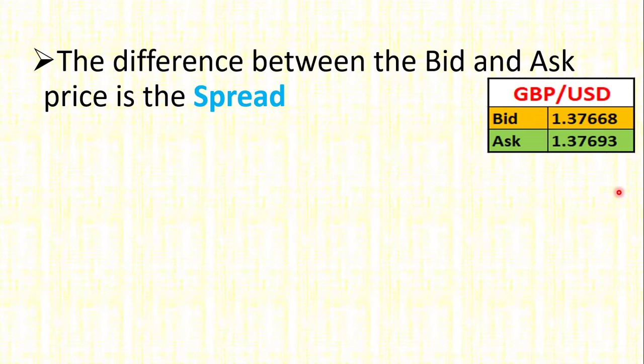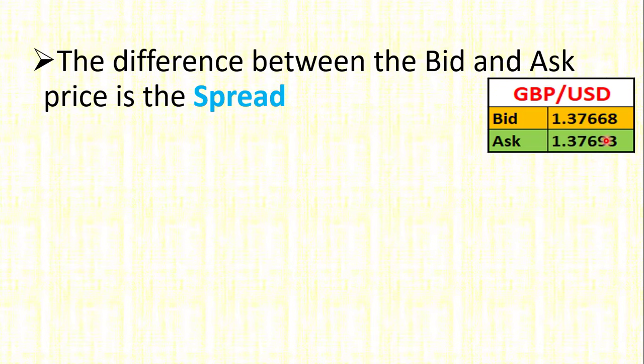Continuing the same example, that difference is what is referred to as the spread. The spread, the difference between the bid and the ask, is referred to as the spread. We shall see more details about what this spread means and what it normally stands for whenever you are doing your trading.